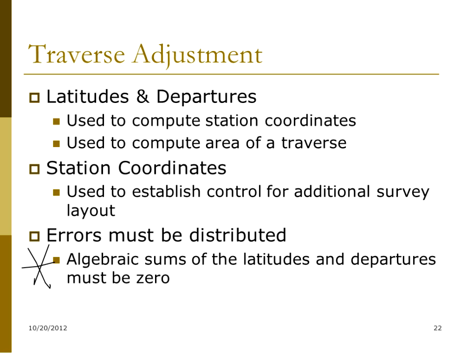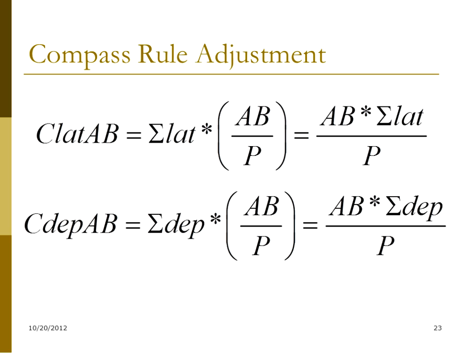So your algebraic sum for your departure and latitude must be 0. How do we do that? How do we make that correction? We use what's called the compass rule adjustment. And I know this looks very complicated, but it really isn't. The compass rule adjustment basically makes a correction based on a ratio of the error to the distance between the points.